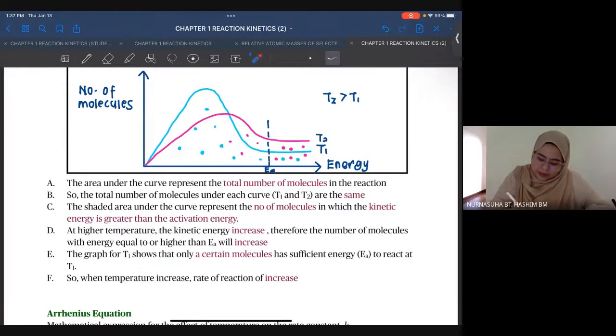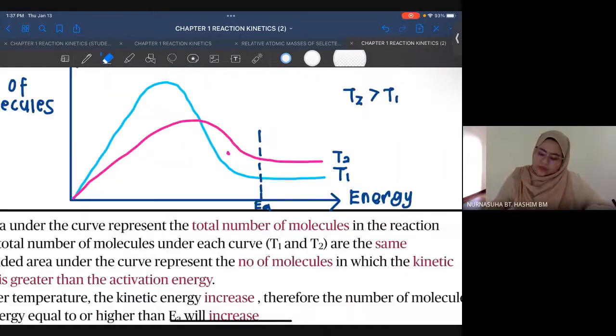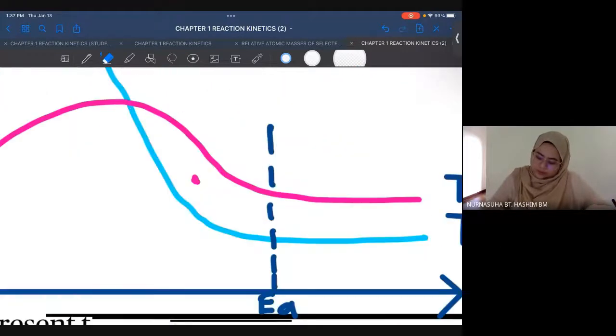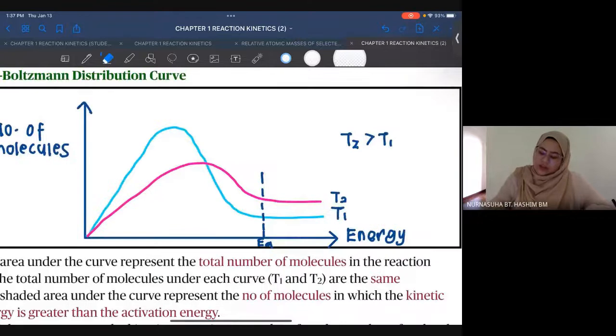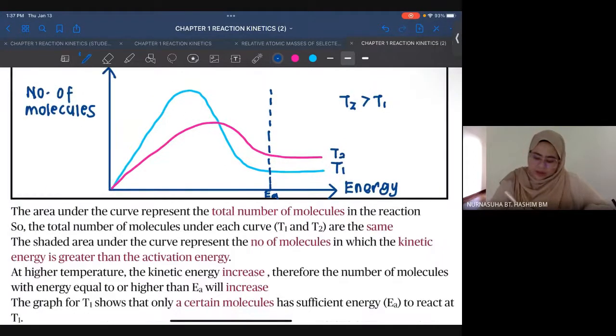Okay, tapi graf yang betulnya bila kita nak sketch nanti, you tak boleh buat dot ni. So this is the curve, okay, that you have to sketch lah.